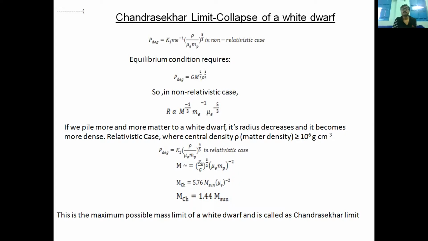Now, in the case of a white dwarf, the main content is helium and heavier elements for which mu_e, that is the mean atomic weight per electron, is approximately 2. Then we substitute this value, and we get the mass equal to 1.44 times the mass of the Sun. This is the maximum possible mass limit of a white dwarf and is called the Chandrasekhar limit.